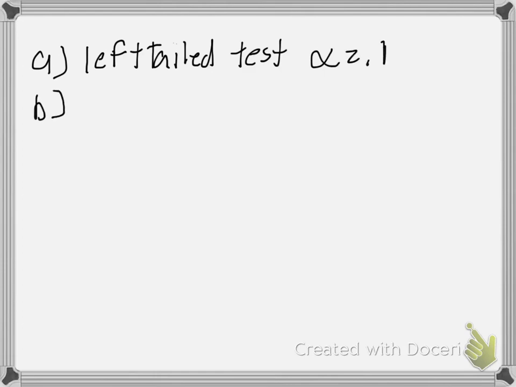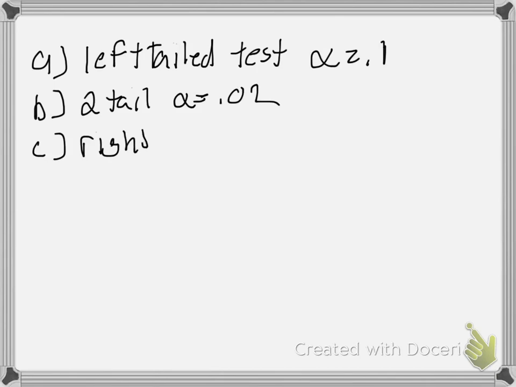For part B, we're going to do a two-tail, alpha equals 0.02. And for part C, we're going to do right tail with alpha equal to 0.005.